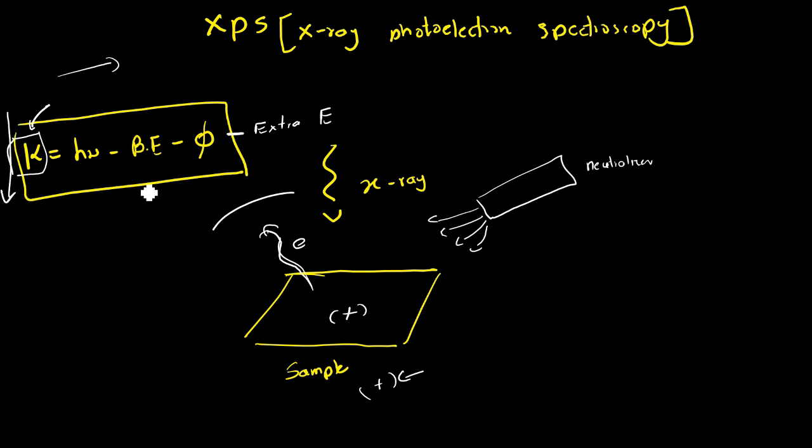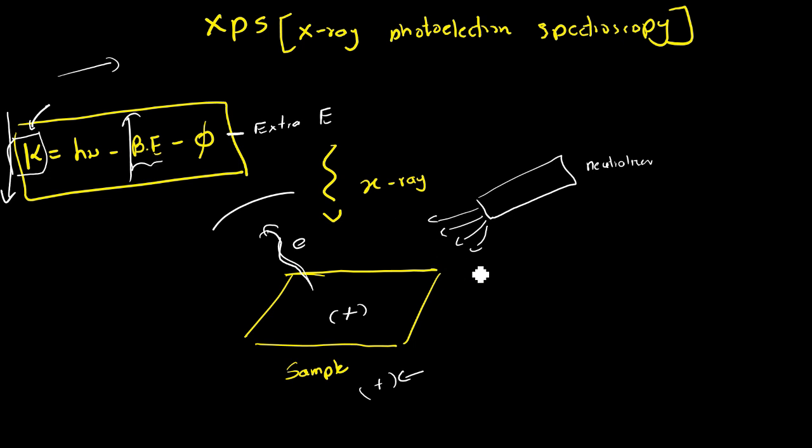So the instrument thinks, since our kinetic energy is low, okay, this electron has relatively higher binding energy. But that's not actually true. The binding energy is not high. It's that the kinetic energy is reduced because of that extra energy the electron has to provide to overcome the positive charge generated on our sample. But the instrument doesn't know that. It will think that binding energy is high, so it will give the peak at this higher binding energy. But that's not actually true.